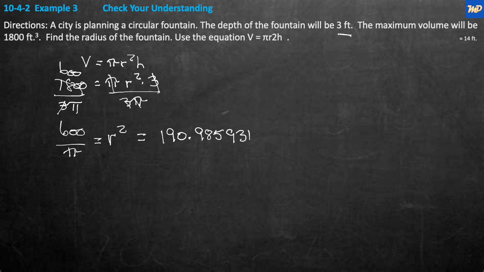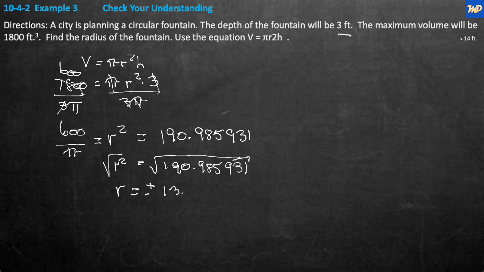So now we're going to take the square root of both sides. The square root of r squared is equal to the square root of 190.985931. And now we find that the square root of r squared is r, and that's equal to plus or minus the square root of 190, which is going to be 13.819.